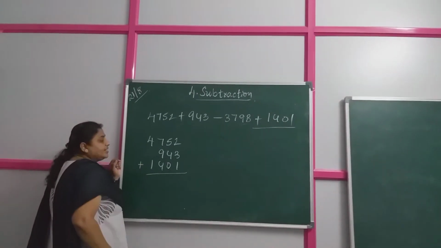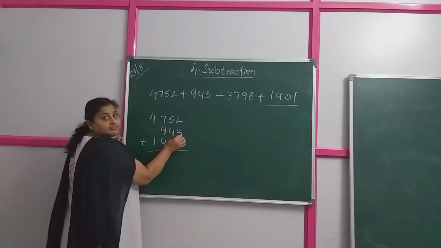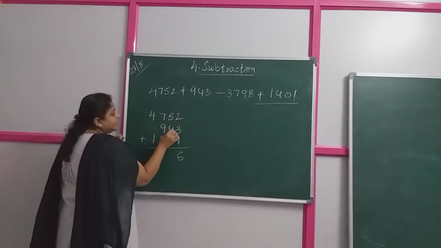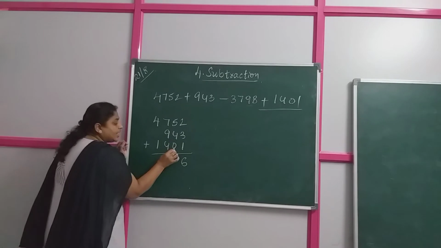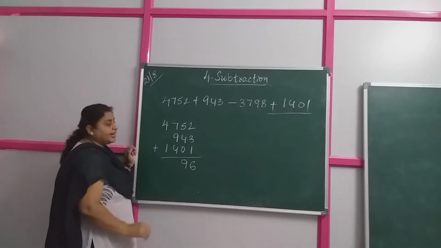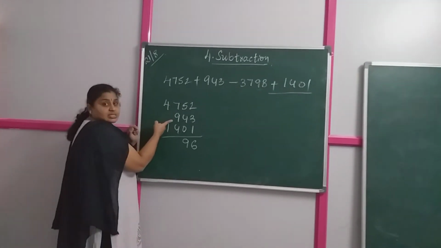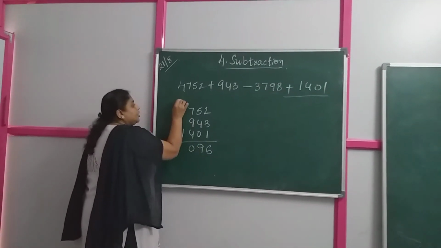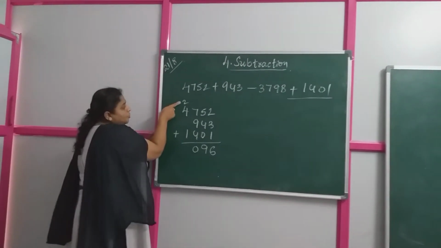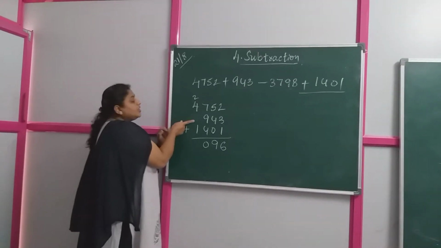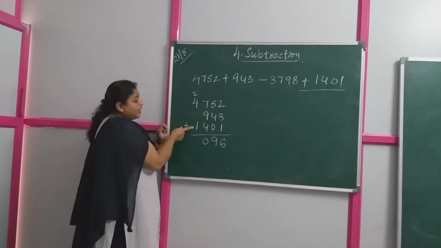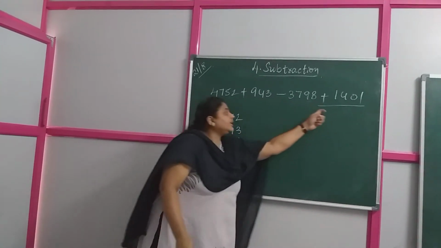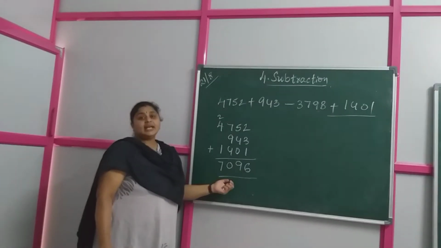Now let us add: 2 plus 3, 5. 5 plus 1, 6. 5 plus 4, 9. 9 plus 0, 9. 7 plus 9, 16. 16 plus 4, 20. Carry over 2. Now 2 plus 4, 6. We don't have any number over here. 6 plus 1, 7. So what did we get? Adding these three numbers, we got 7096.